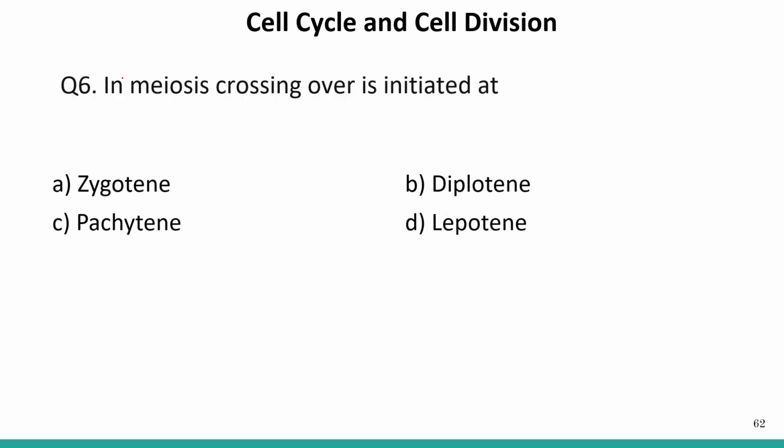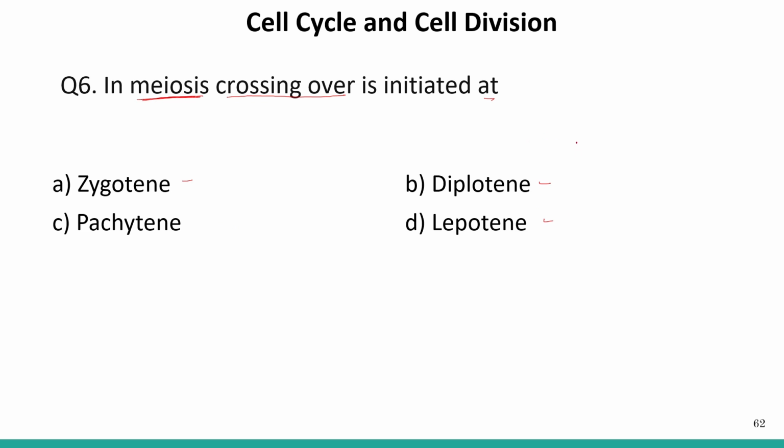Now coming to the next question. Here they are asking about meiosis. During your exam you should highlight all these keywords first. In meiosis, the second keyword is crossing over, which is initiated at zygotene, diplotene, pachytene or leptotene.